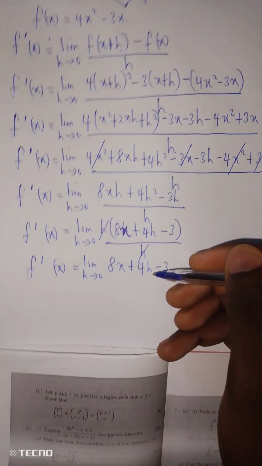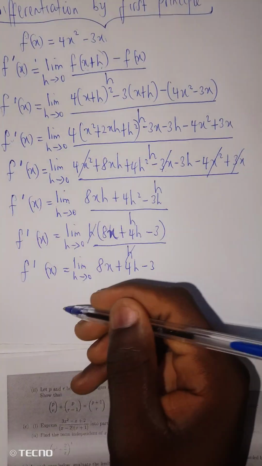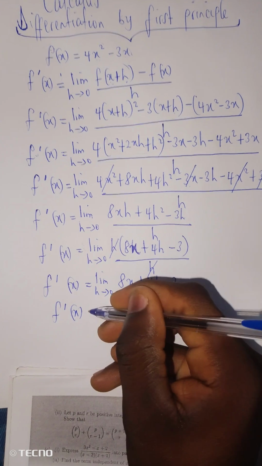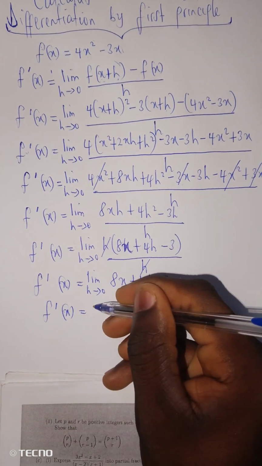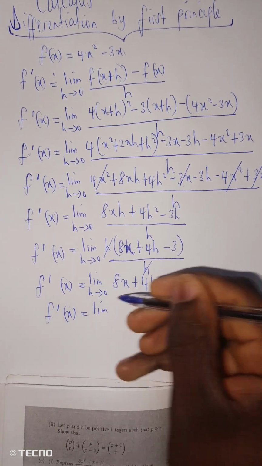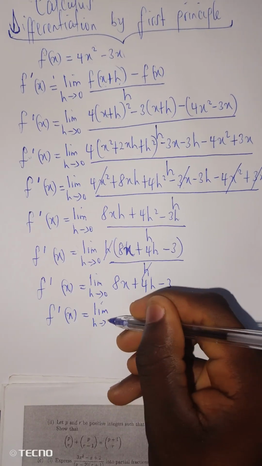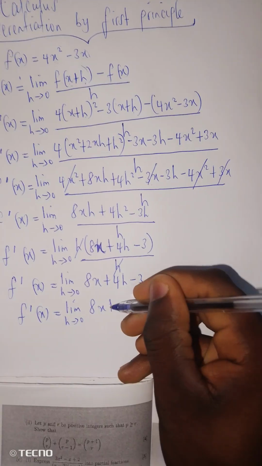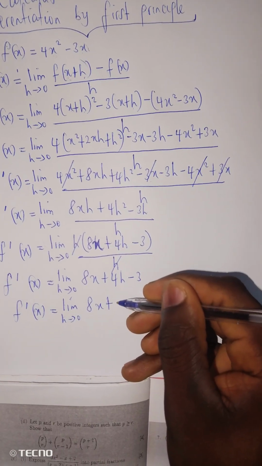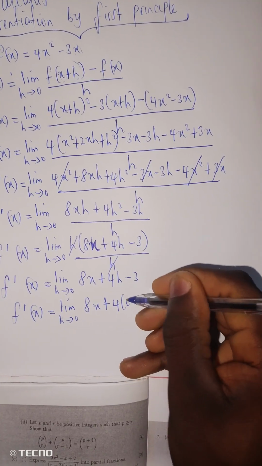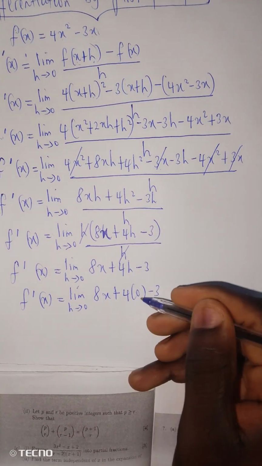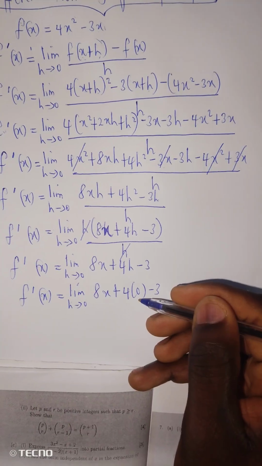So f prime of x is equal to the limit as h approaches 0. I'm going to say 8x, where there is h, I'll substitute 0. So it will be 4, where there is h, 0, then minus 3. 4 times 0, that is just 0.